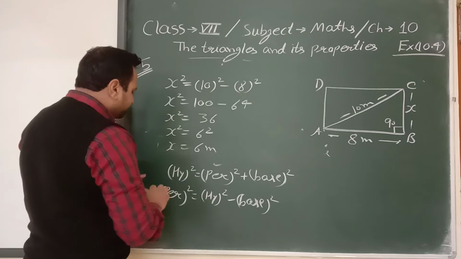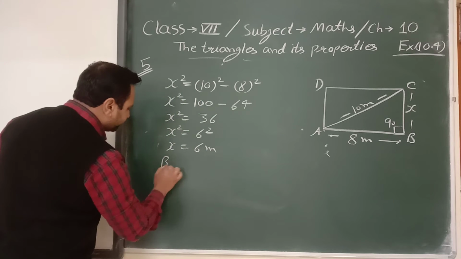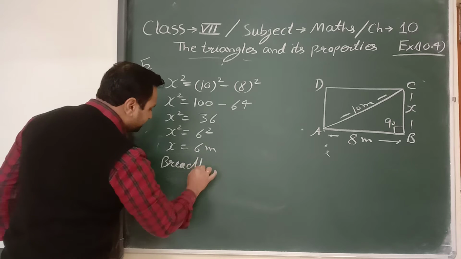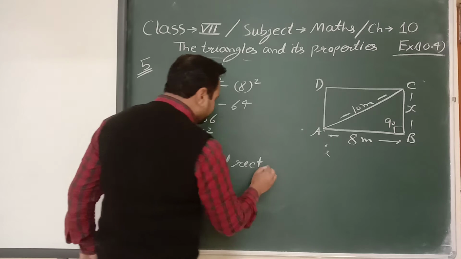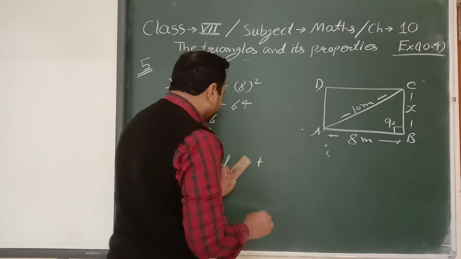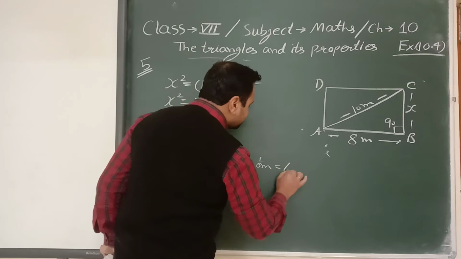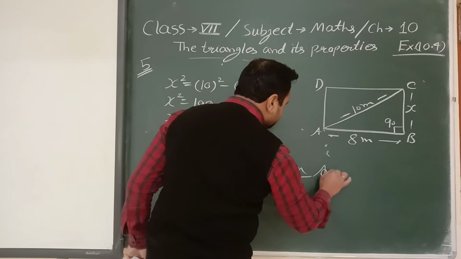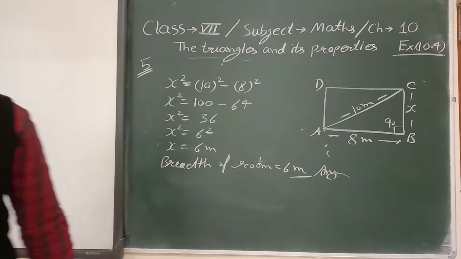It means breadth of the rectangle is 6 meter. Answer: breadth of rectangle, या breadth of the आप room भी कॉल कर सकते हो because it is a room. So breadth of room is equal to 6 meter. Answer. So I hope question number 5 is clear. Just note down.